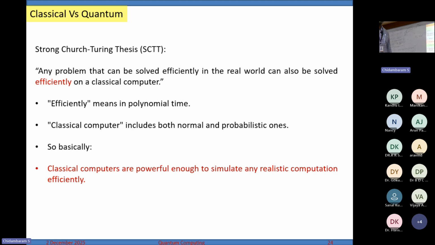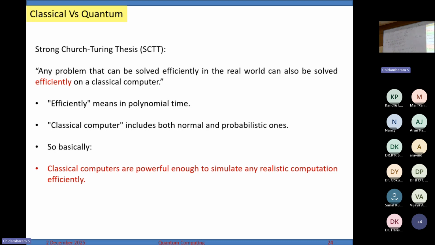The Church-Turing thesis says any problem that can be solved efficiently in the real world can also be solved on the classical computer. What is this problem? Is it a solvable problem or a non-solvable problem? It is a solvable problem, but that's the point. Is this solvable on a classical computer?